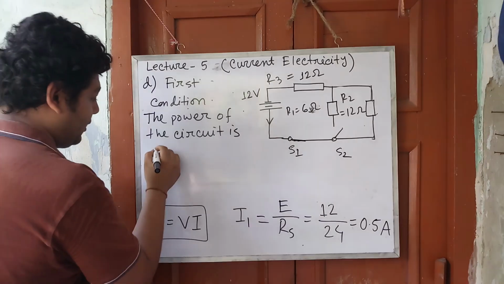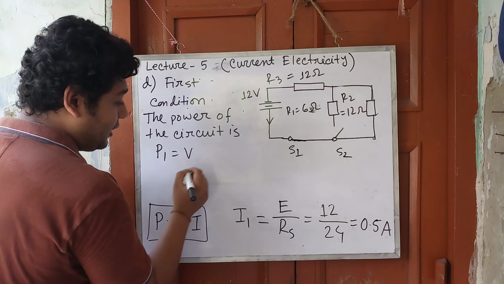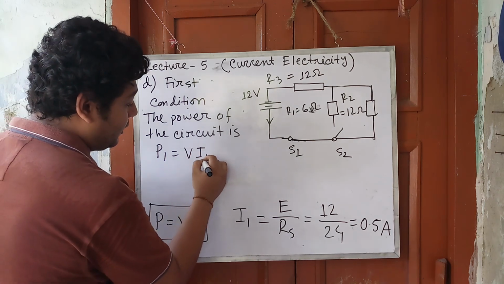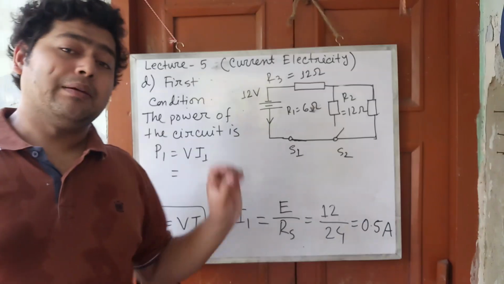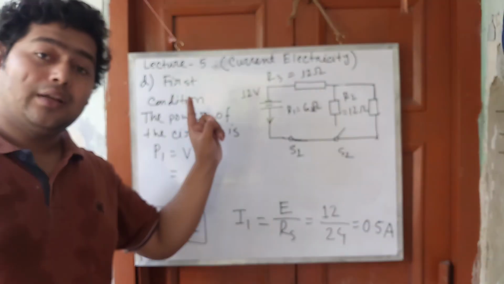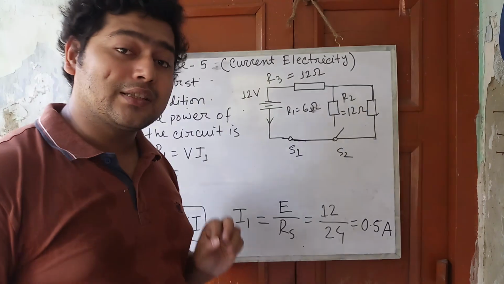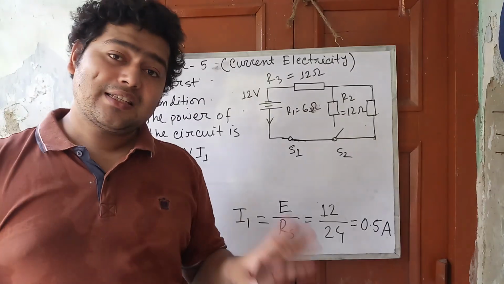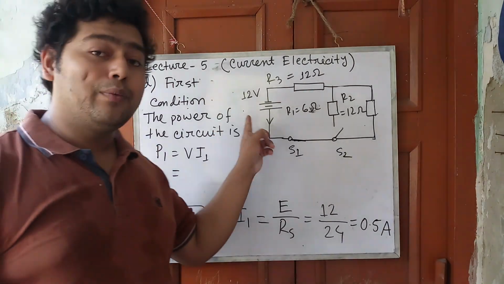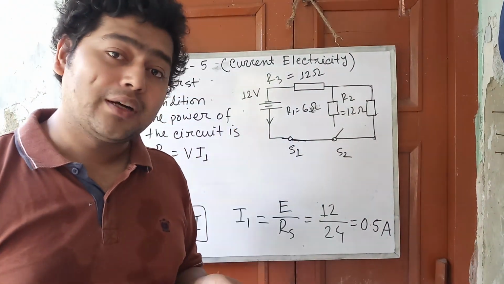P1 equal to VI1. Here V is equal to E, because in our electromotive force there is no internal resistance.